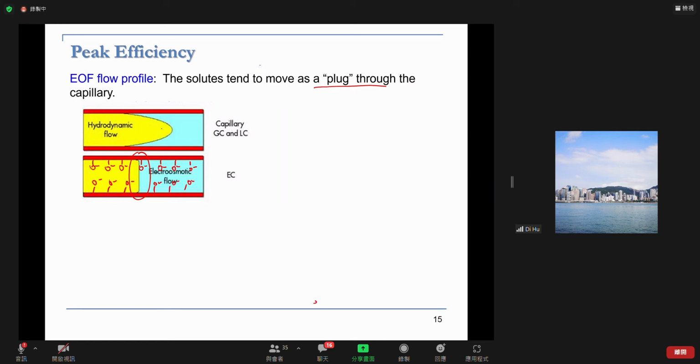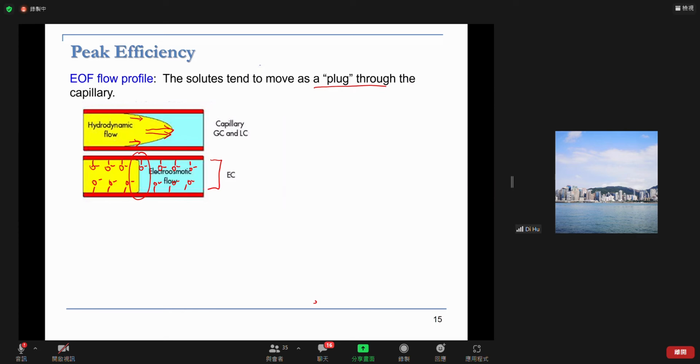So the flow in the middle travels faster than the flow along the wall because of the frictional forces, and that causes peak broadening. We call this shape of hydrodynamic flow a parabolic flow profile.